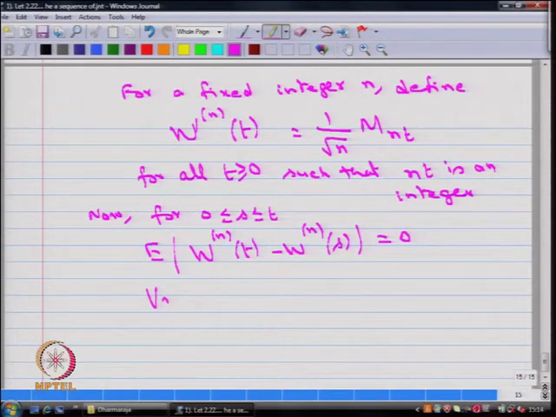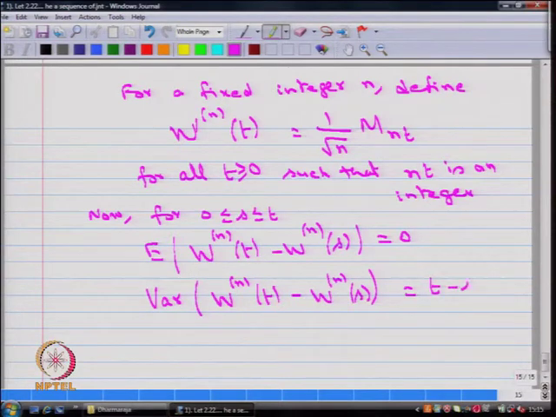Also, if you evaluate the variance of W_n of t minus W_n of s by finding first the variance of X_i's, using that you find the variance of M_n of t, then the variance of W_n of t minus W_n of s, that is going to be t minus s.